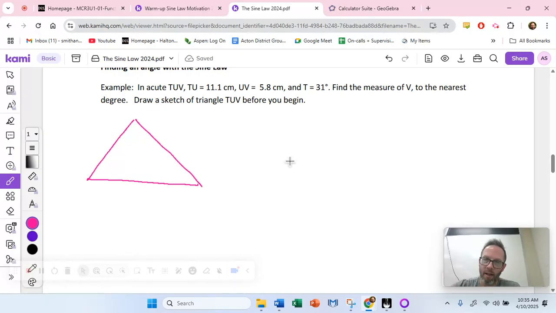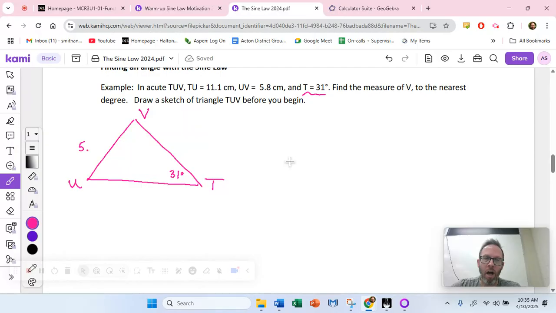So I can see that angle T is 31 degrees. So maybe I'll make my smaller angle the 31 degrees. That can be corner T. That makes U and V the other corners. I'll just put a U and V. And then the question told me UV is 5.8.